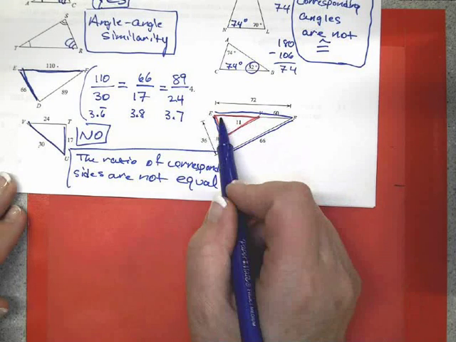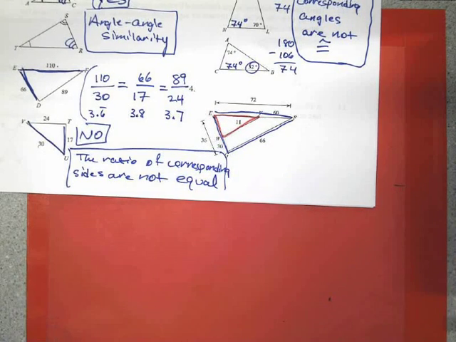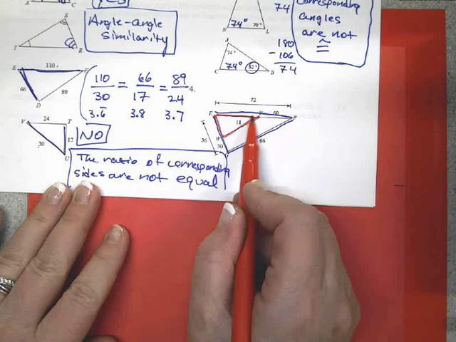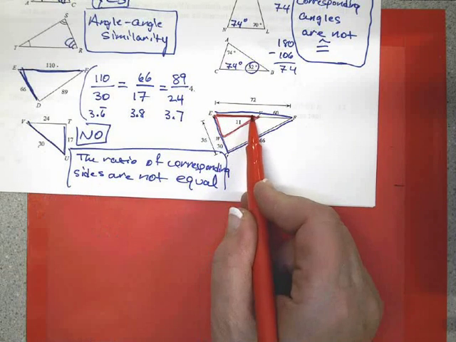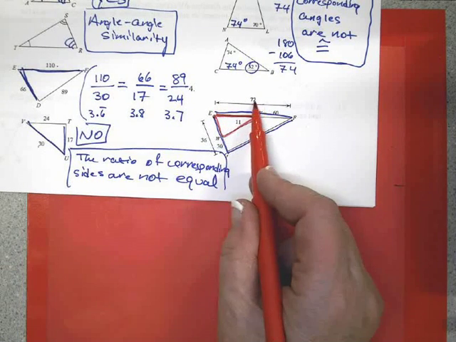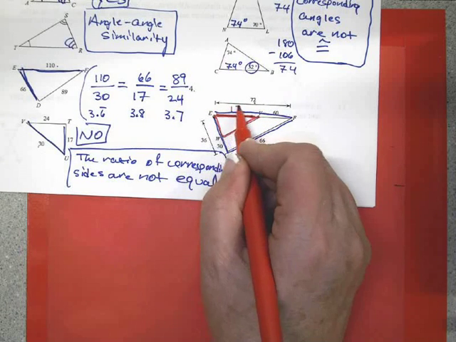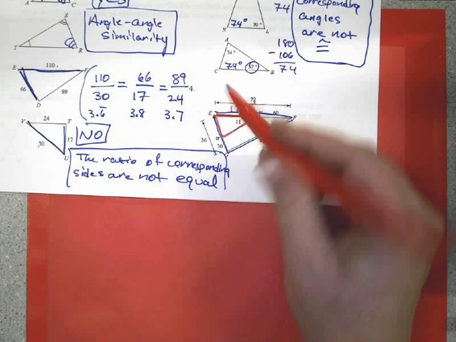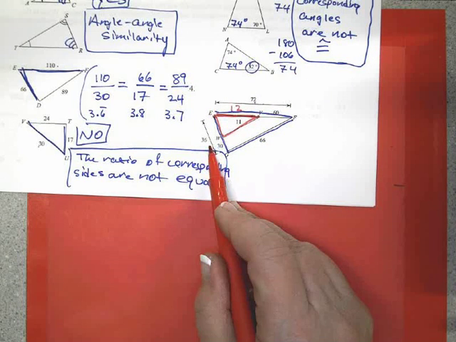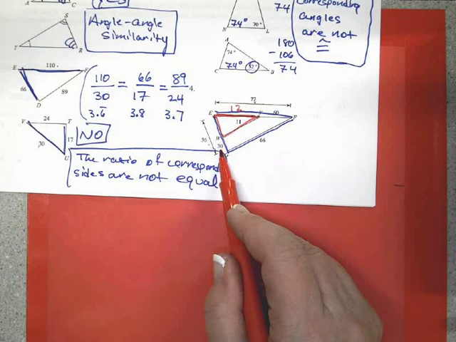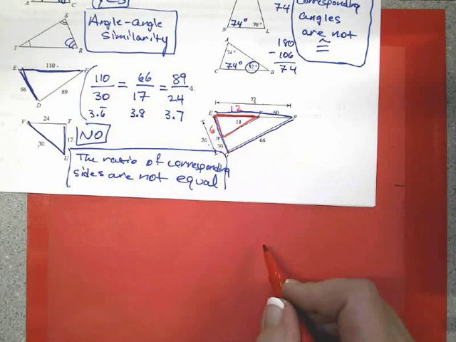If I want to find this side length right here on my small triangle, I do need to do some work. 72 subtract 60 gives us this side length. And then to find this side length, I would take 36, subtract 30. So let's go ahead and put that measurement in.